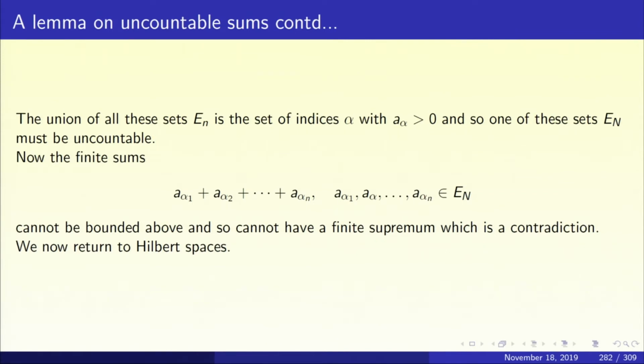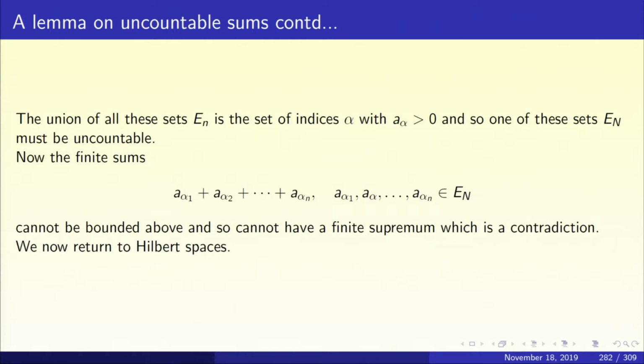The union of these sets En is the set of all those indices alpha for which A alpha is positive. Because the moment A alpha is positive, then A alpha is going to exceed 1 upon n for some n, by the Archimedean property. Therefore, A alpha will become an element in En. So, it is very clear that the union of En is the whole set of all terms.